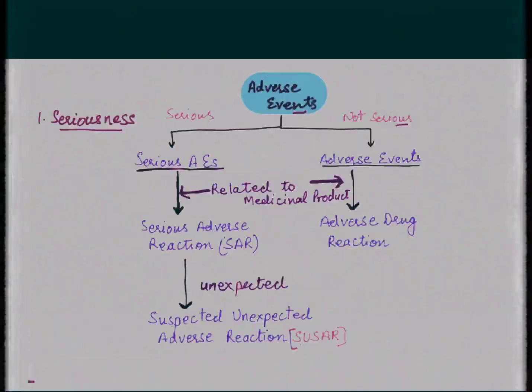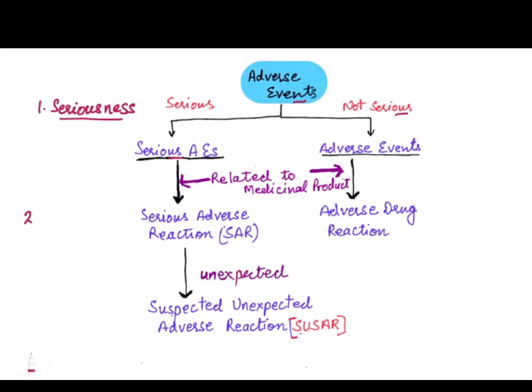Now the second criteria, criteria 2, is causality. Causality is cause plus effect. So you have to establish a relationship between what has caused this effect, basically what has caused this adverse reaction, because the participant is in a clinical trial. So you have to determine the relationship with the medicinal product.